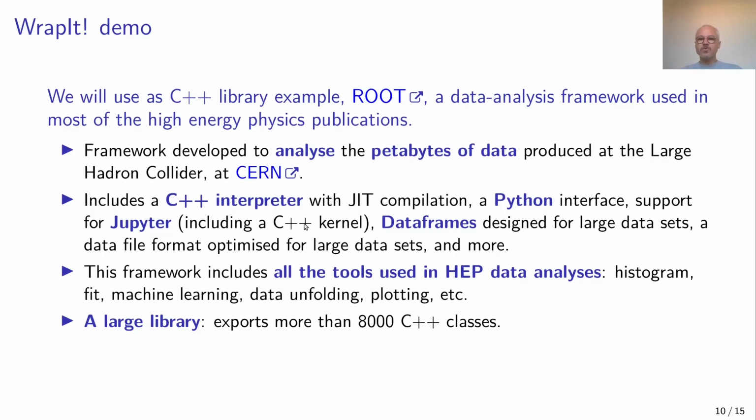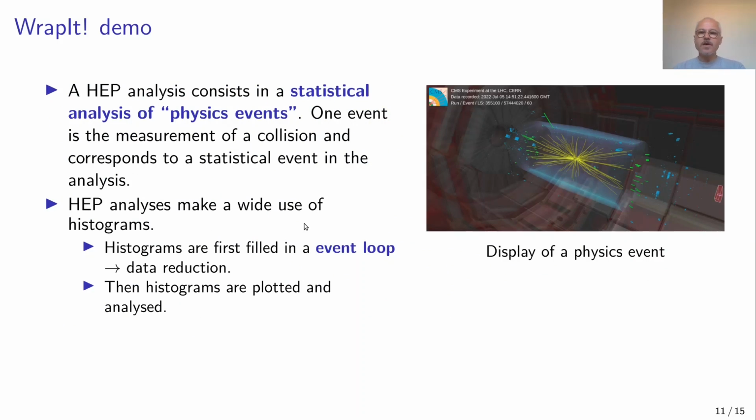This framework includes all the tools that are used in HEP data analysis, including histogramming, fitting, machine learning, data unfolding, plotting, and more. It results in a large library that exports more than 8,000 C++ classes. In HEP analysis, we do a statistical analysis of physics events.